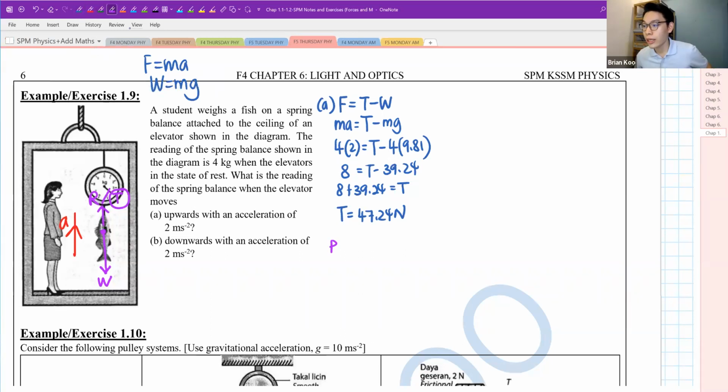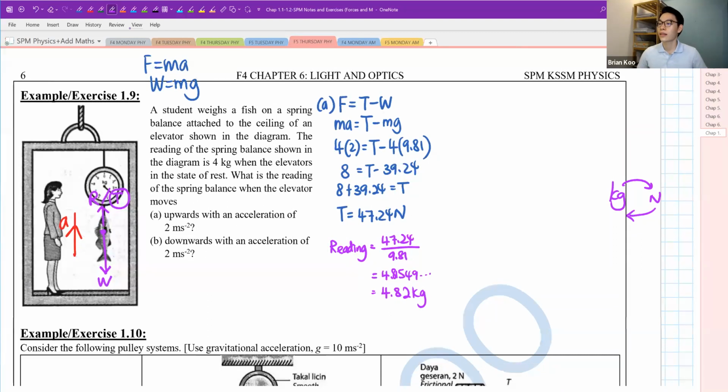Can we change the reading back into kg? You know how to change kg to newtons, you times 9.81. So going backwards, you divide by 9.81. You will get a very long value, or you just write 4.82 kg, which will do actually.